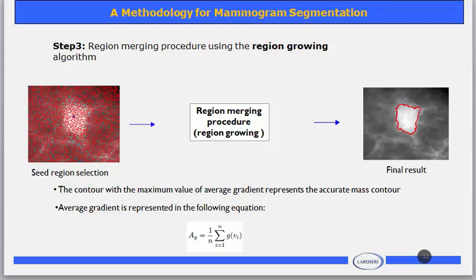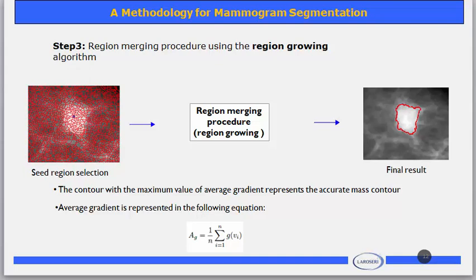It is the region growing algorithm, which is an effective solution to the problem of over-segmentation. This algorithm stands as the most frequently used and productive method in the field of segmentation applications. We first start with a seed region that the radiologist in charge selects manually.